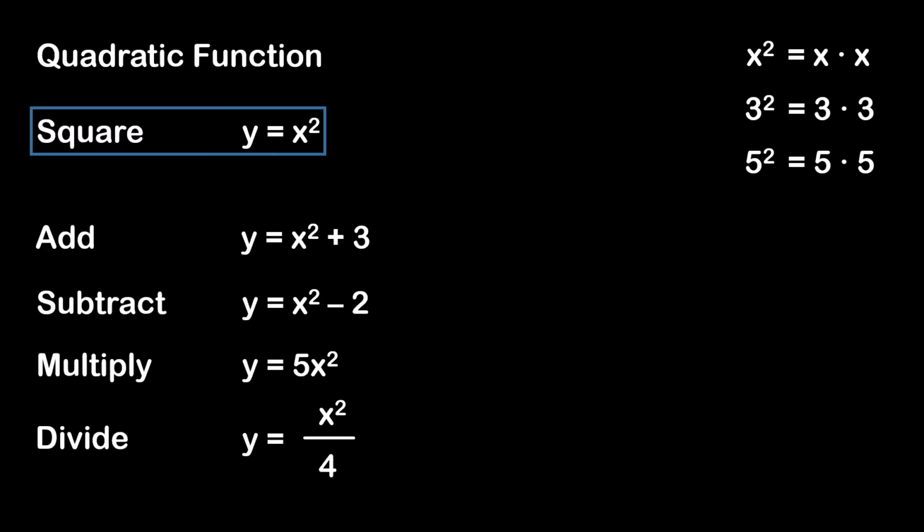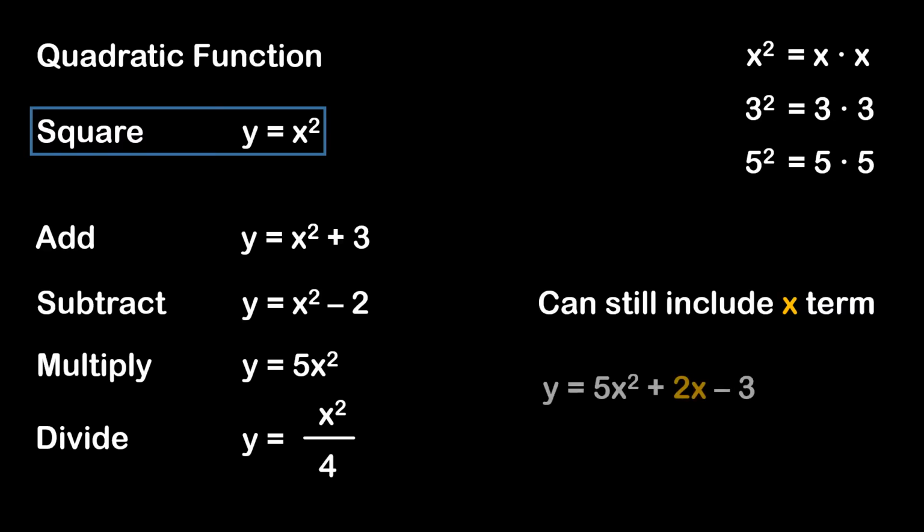And I also want to point out that you're still allowed to include an x term. That's also very important. So let's look at this example over here. We have y is equal to 5x squared plus 2x minus 3. Here we're multiplying x squared by 5, and we're subtracting 3. So we're using the operations of multiplication and subtraction. And we're including an x term.